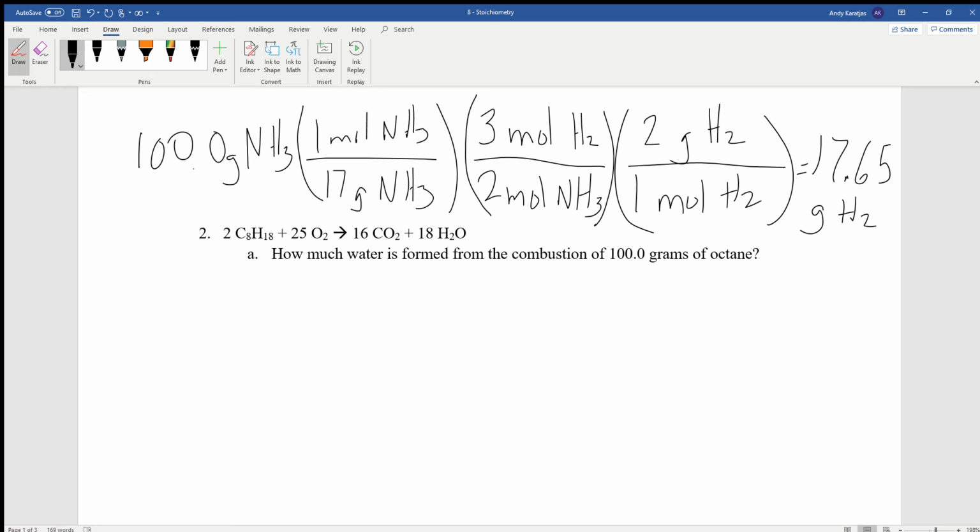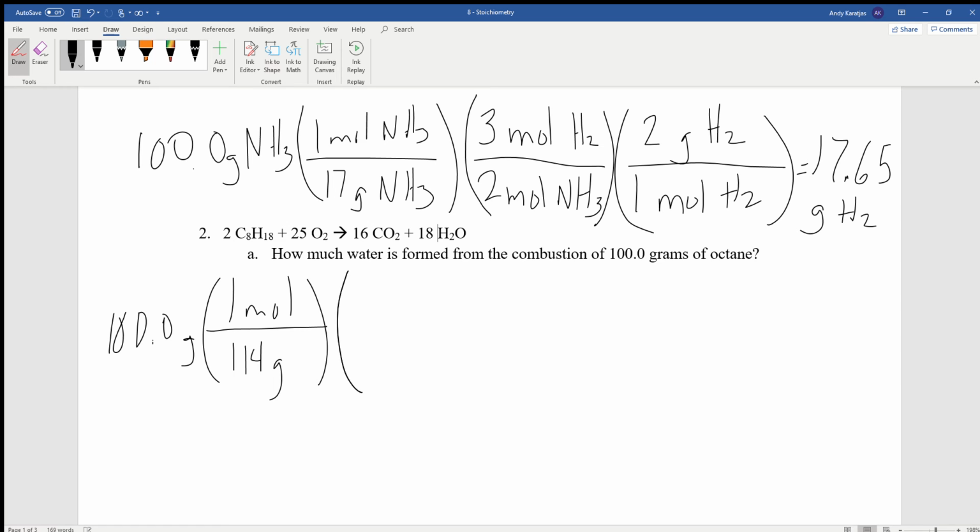So let's say we have 100 grams of octane. We're going to divide that by its molar mass to give us moles of octane. That's 1 mole over 114 grams. Then we're going to go from moles of octane, which is 2 moles, to moles of water, which is 18.